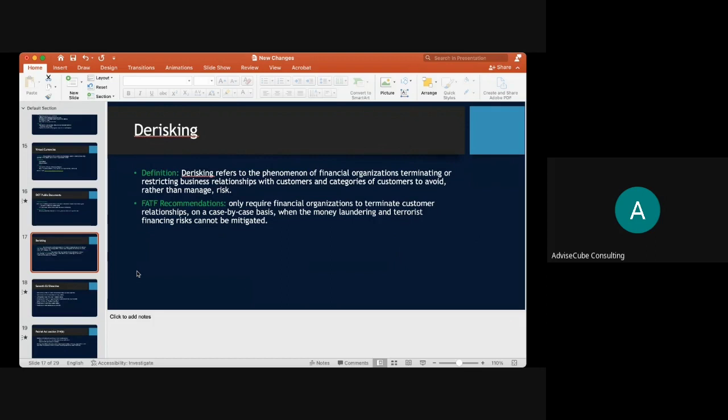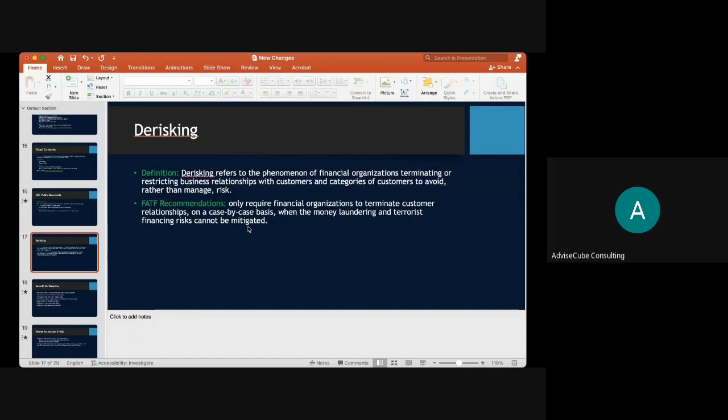See, of course, as a business, when we do any activity, we have certain risks. We say, okay, we can take this risk or we don't want to take this risk. De-risking here refers to a financial organization terminating the relationship directly, not maintaining the relationship.